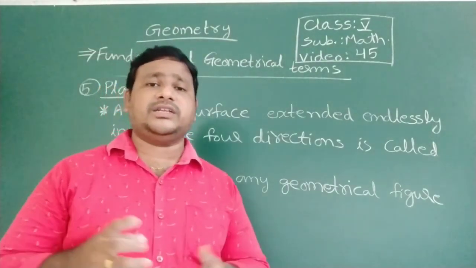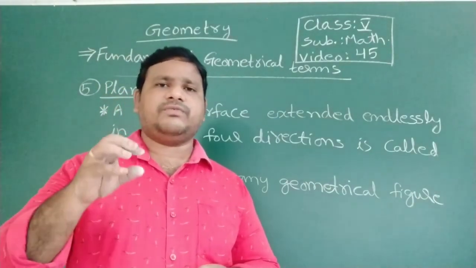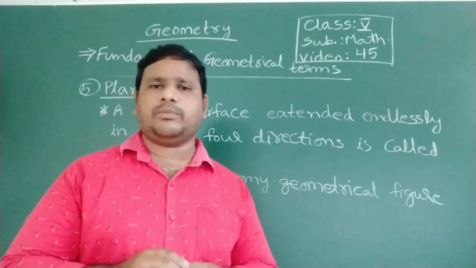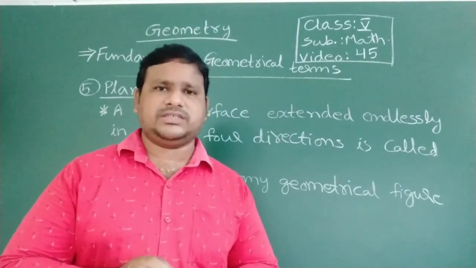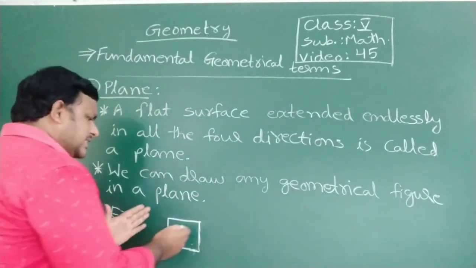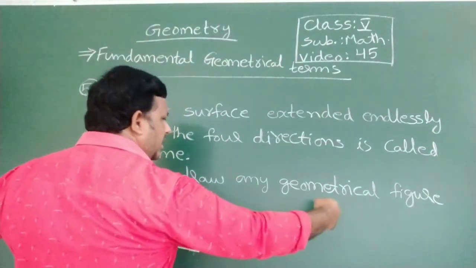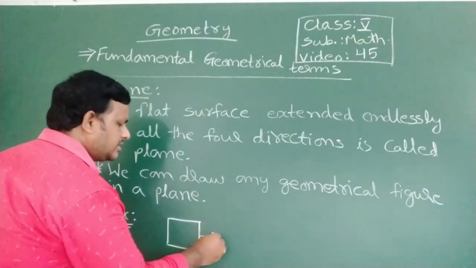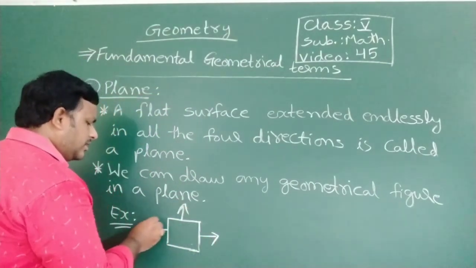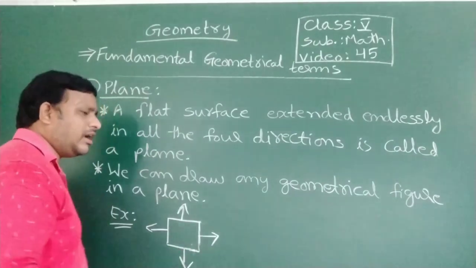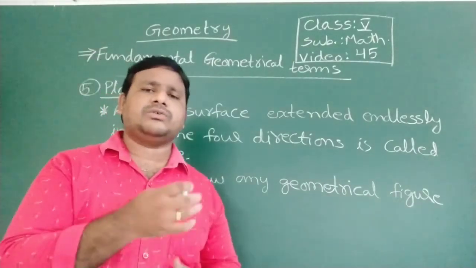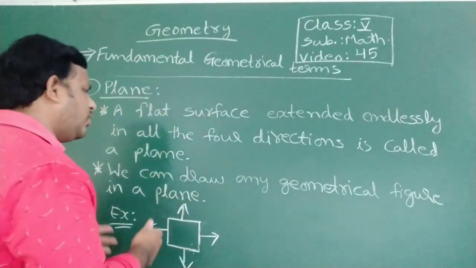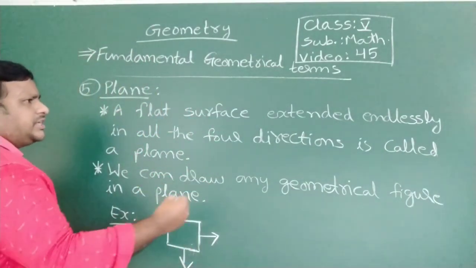Extension means, suppose you consider zoom. If you zoom a figure, you can see somewhat clearly. In mobiles we zoom the figures, isn't it? So like that, if you extend this, if you pull the left side, right side, top, bottom in all the four directions, infinitely, how much do we have to extend?